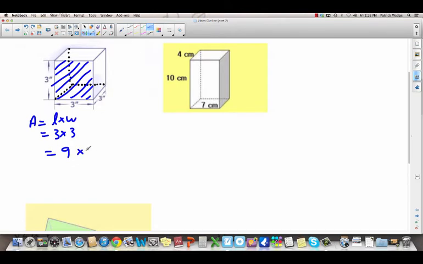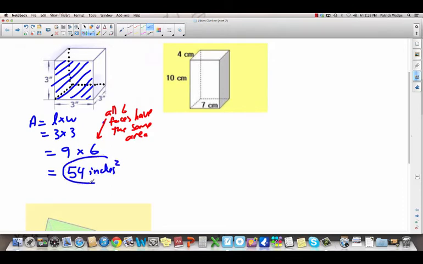We're going to multiply it by 6, because all 6 faces have the same area. And we end up with our answer. 9 times 6 is 54. Remember, this dash dash here means inches, so this is 54 inches squared this time.